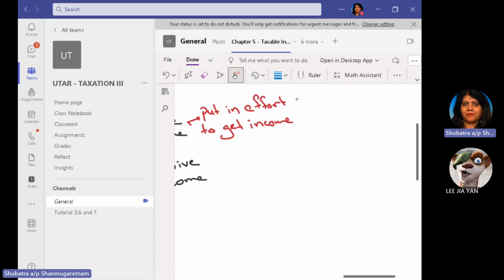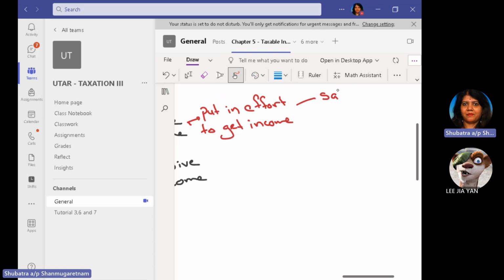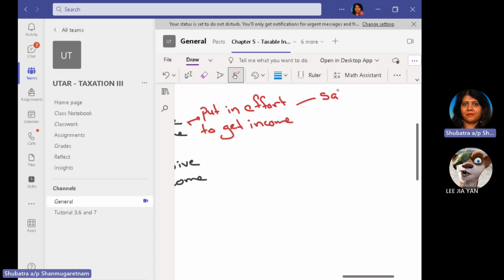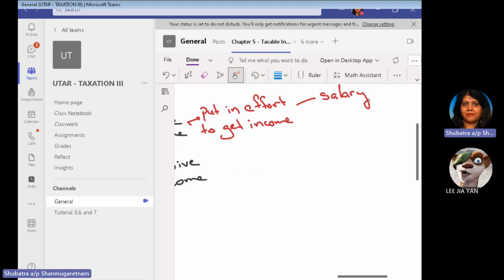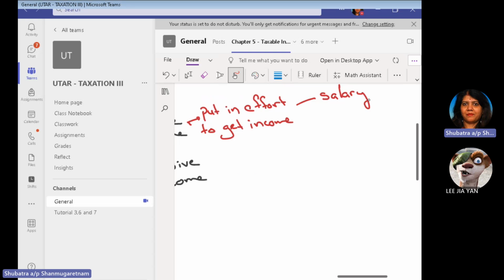For example, your salary. If I don't come to work, I stay at home and sleep 3/4 of the time, do you think my company is going to pay me salary? So I need to come in. I need to educate you all, in order to get this income.